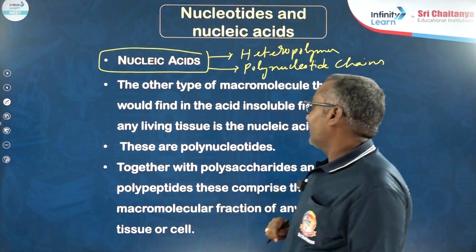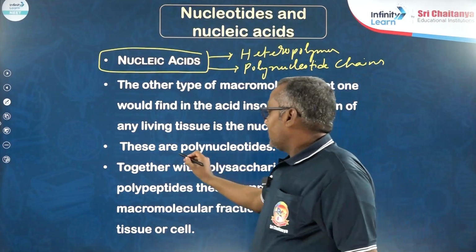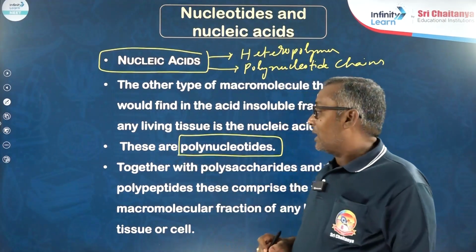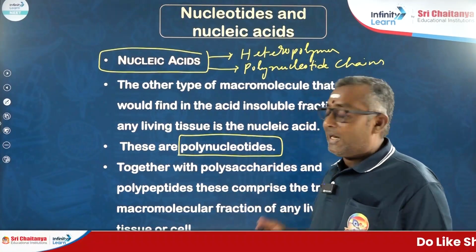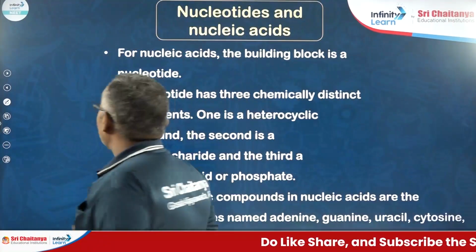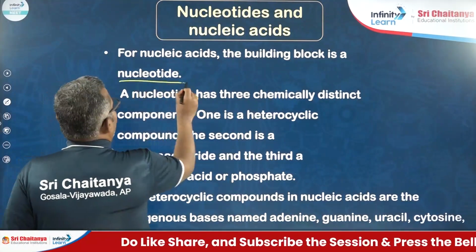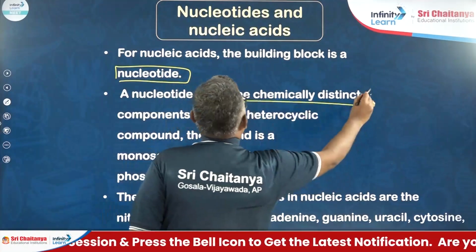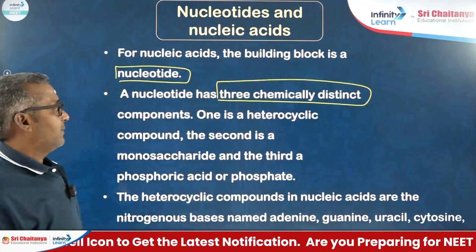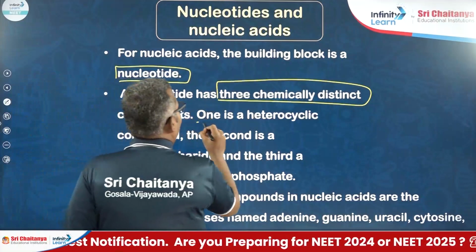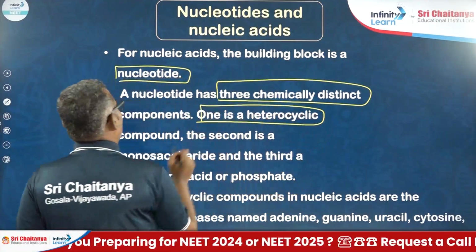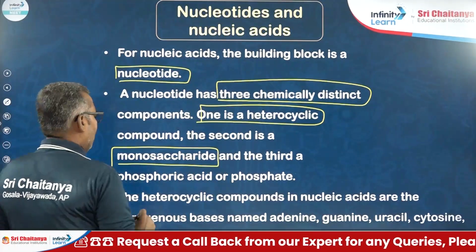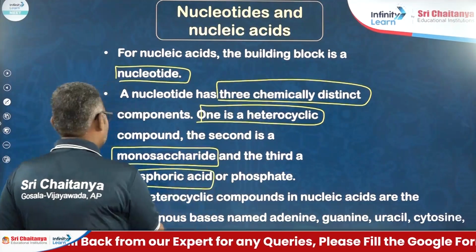This is very important. I said these nucleic acids are polynucleotide chains, made of many nucleotides. So the building blocks of nucleic acids are nucleotides, and a nucleotide contains three chemically distinct components. What are they? One is a heterocyclic compound, the second is a monosaccharide, and the third is phosphoric acid or phosphate.